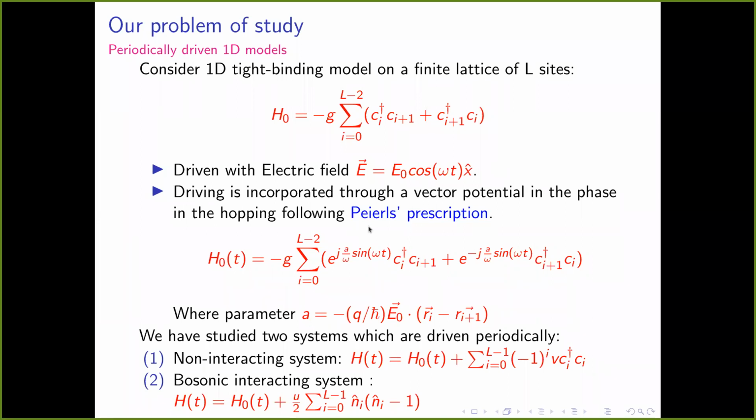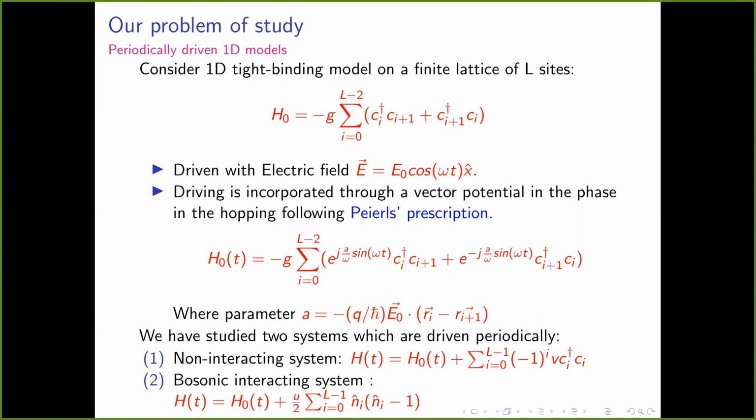If you have an electric field, you can either write it as the gradient of a scalar potential or a time derivative of a vector potential. So it depends on which gauge you choose. If you choose only a scalar potential, you can write it as an on-site potential.